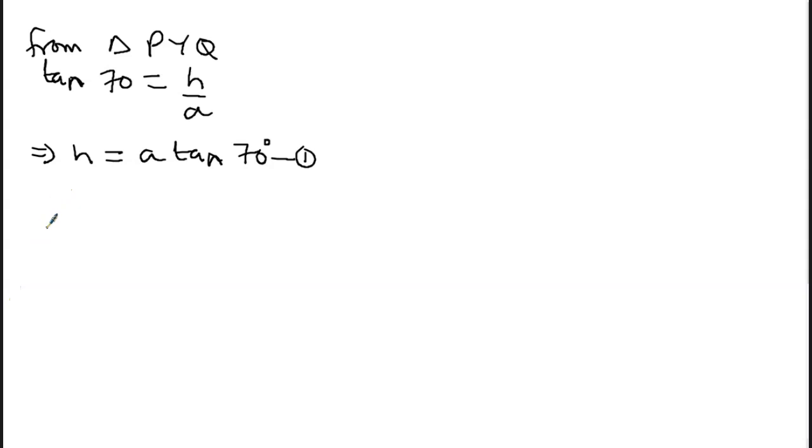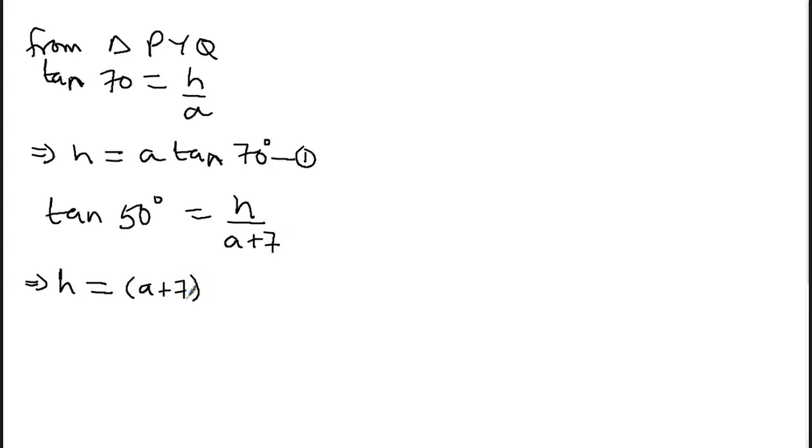So we can write tan 50 degrees is equal to the opposite over the adjacent, which is h over a plus 7. When we cross multiply, h is equal to a plus 7 times tan 50 degrees. Let's label it as equation 2.